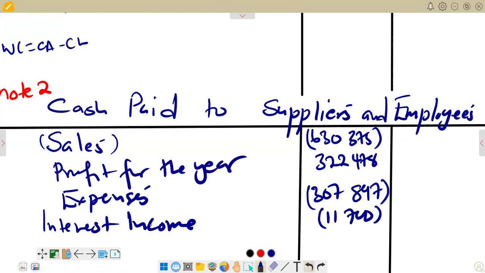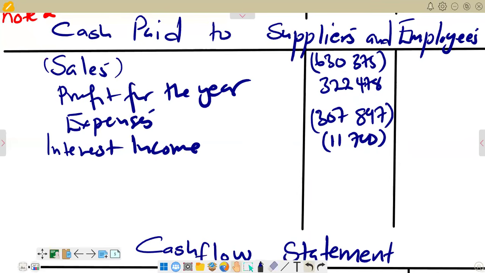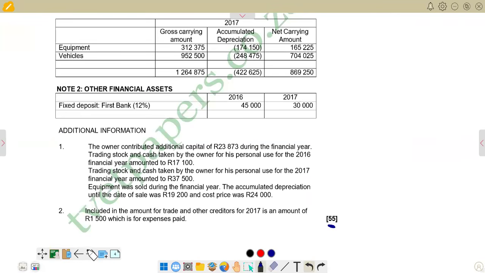And our interest paid is going to come beneath this. Our interest paid now, we show it as a positive because it's an expense. So we're going to check the figure that we have for interest paid.